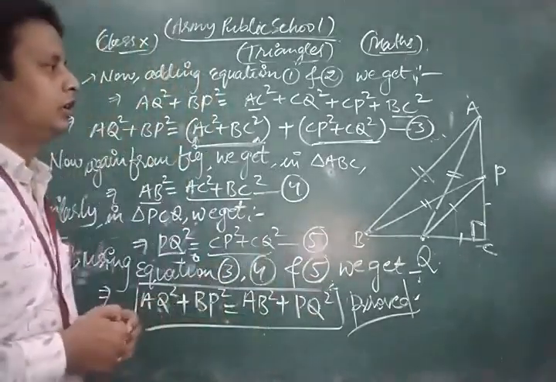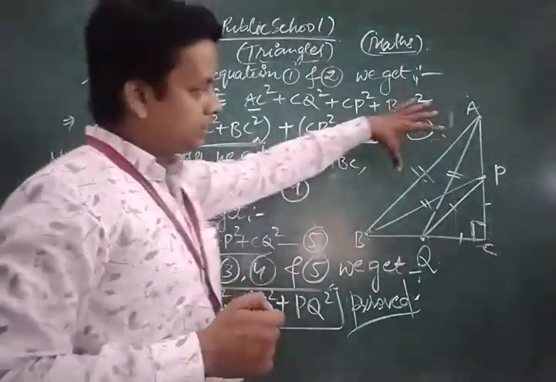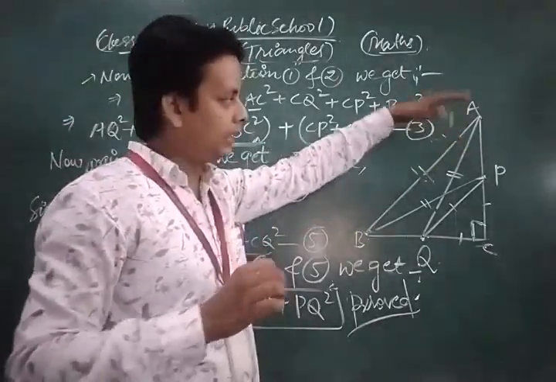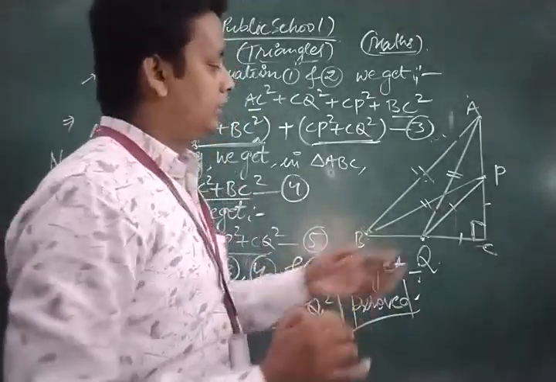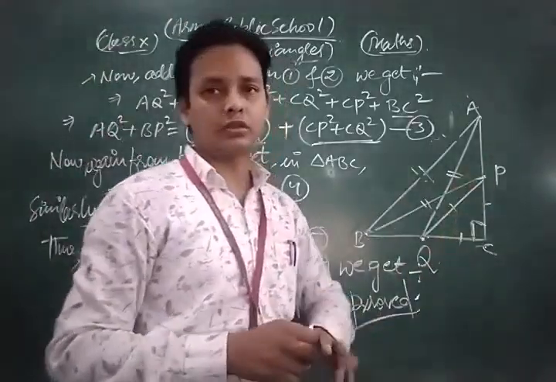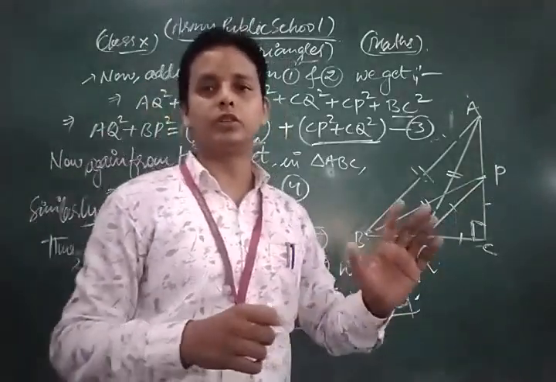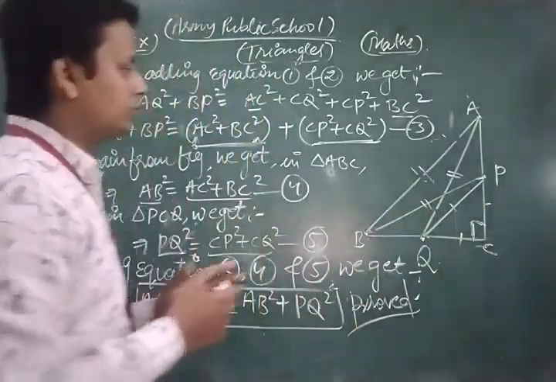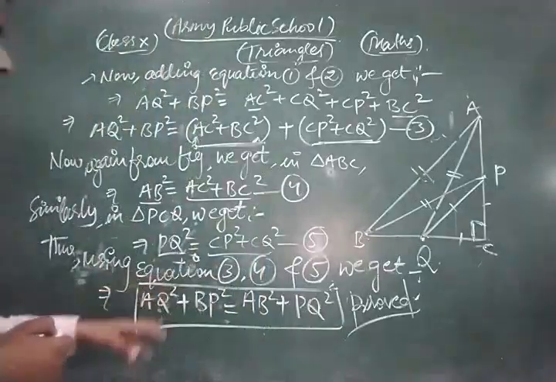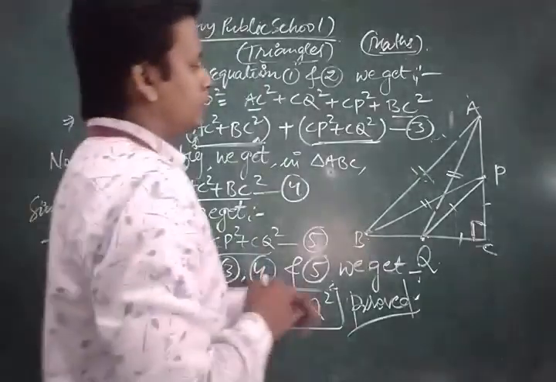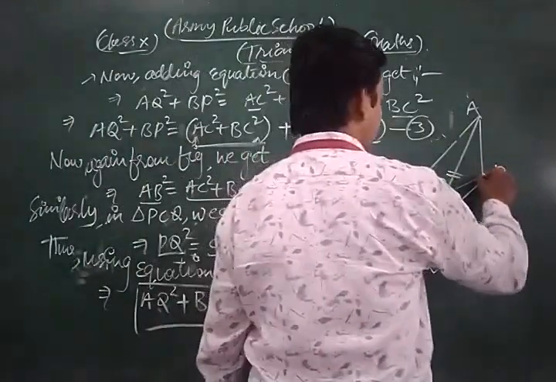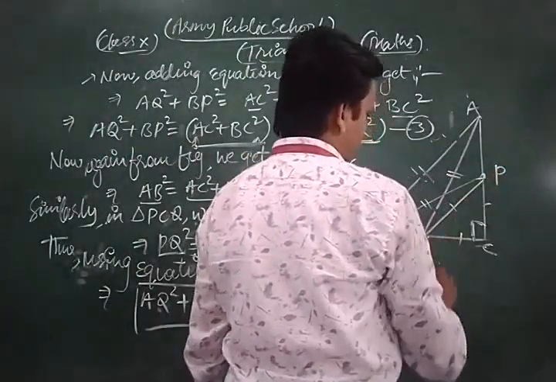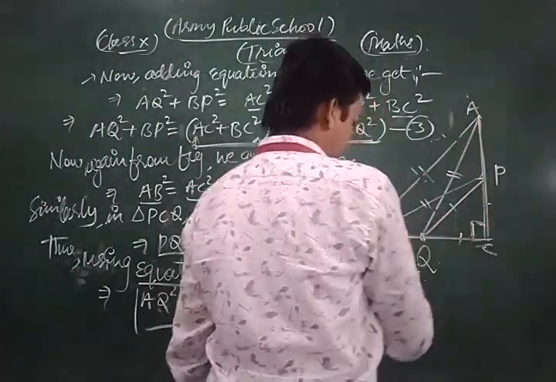What is the process? First of all, this is the triangle. According to the question, we have a triangle ABC, and P and Q are 2 points on the sides AC and BC respectively, and we have to show that AQ square plus BP square. So first we draw a triangle and take P and Q on sides AC and BC.